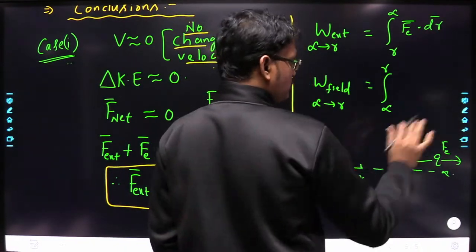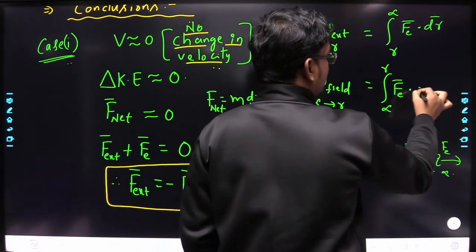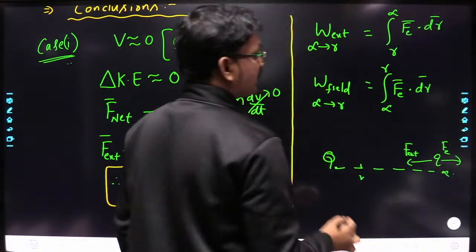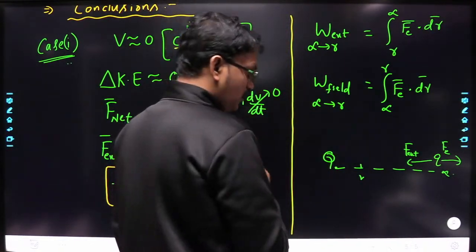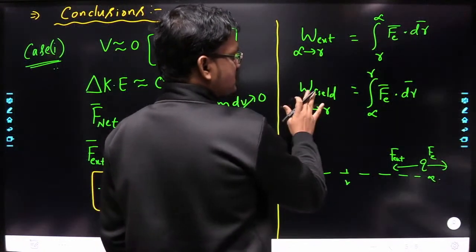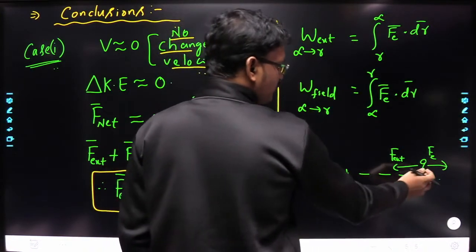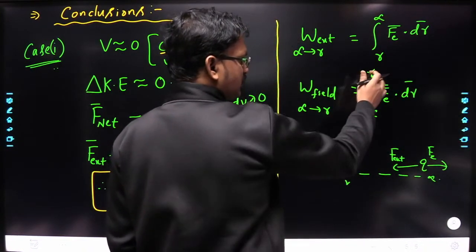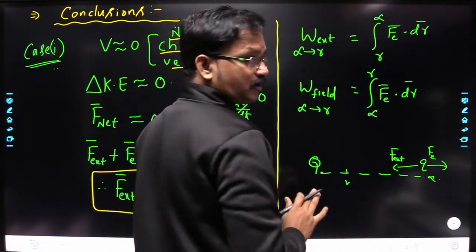Both are opposite to one another. Remember that. So, F electrical dot dr bar, in this manner I can write. This is the work done by the field force in moving the charge from infinity to r, which is nothing but the integral from infinity to r of F electrical dot dr bar.